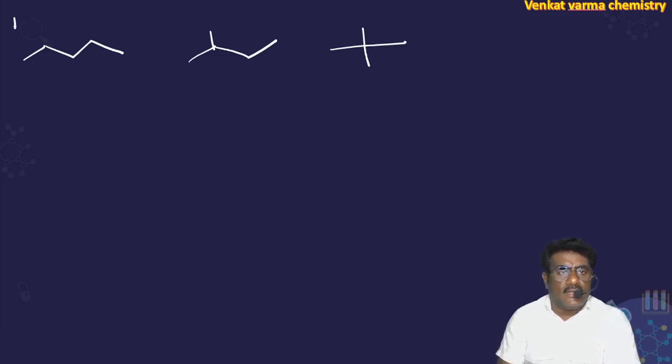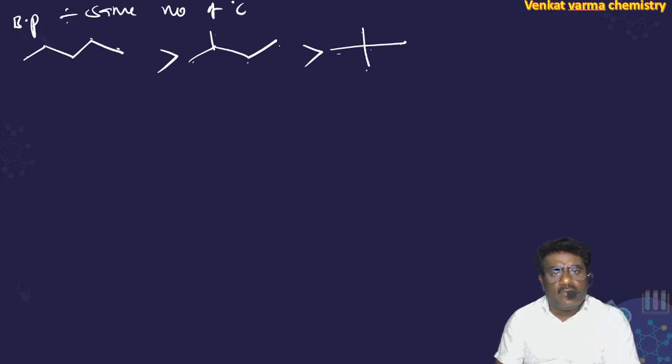Which has the highest boiling point? Obviously the first one, n-pentane. All have the same number of carbon atoms, but branching increases, which means the boiling point decreases.